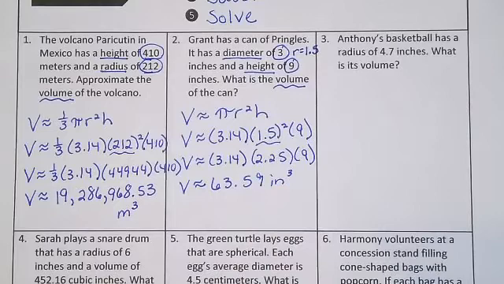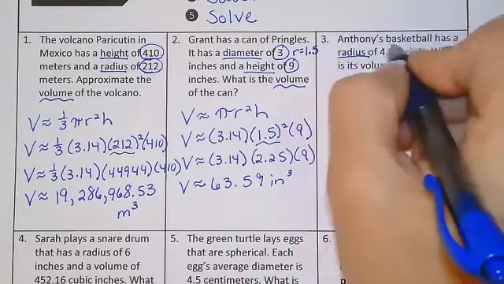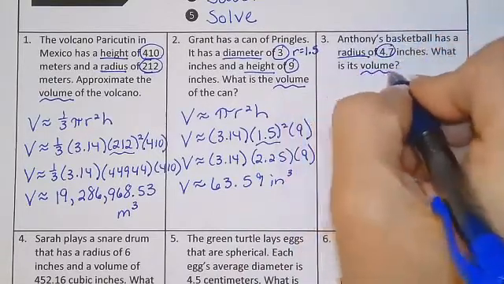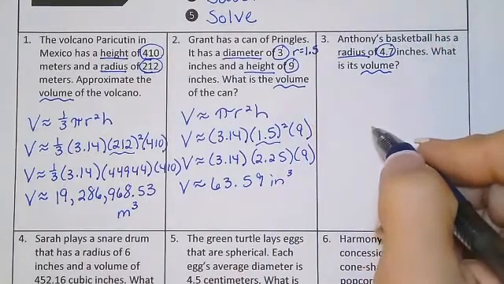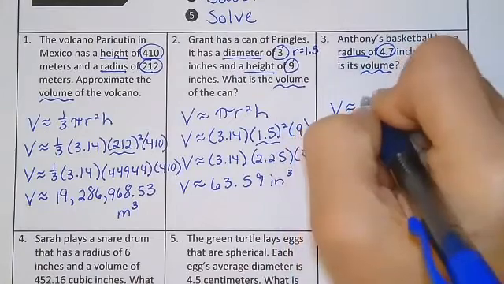Number 3, Anthony's basketball has a radius of 4.7 inches. What is its volume? Okay, so we have a radius of 4.7 and it's asking for volume. So we're going to use a volume formula for a sphere.